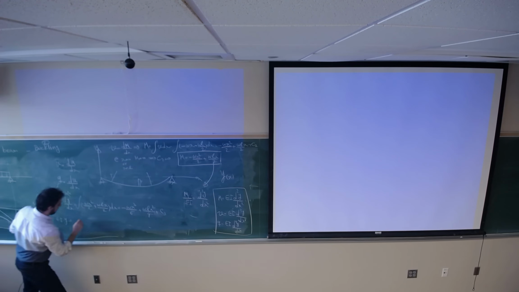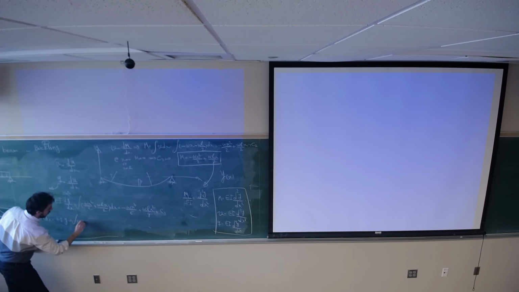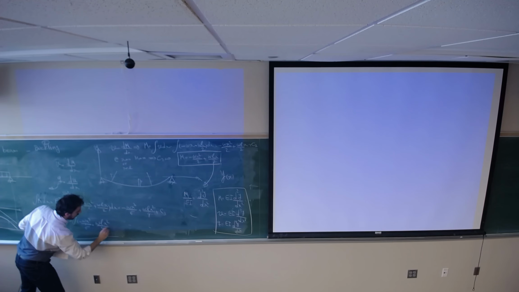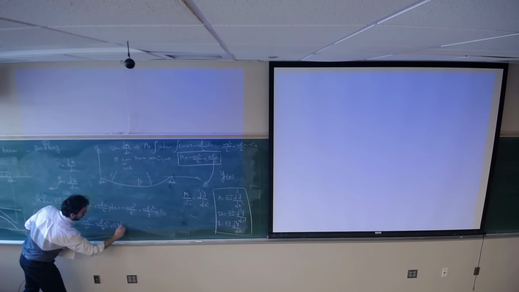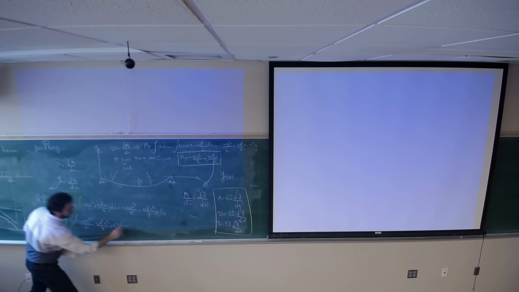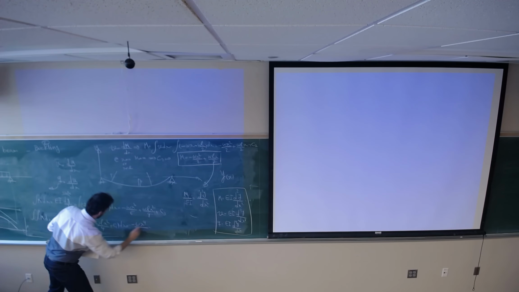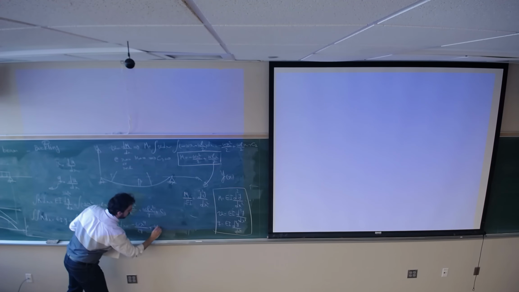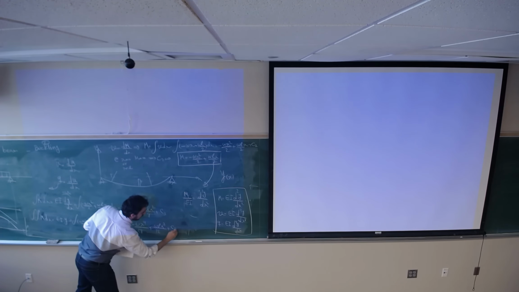Integration of this gives negative wx^4 divided by 24 plus wLx^3 divided by 3 times 4, 12, plus C3 times x plus C4.